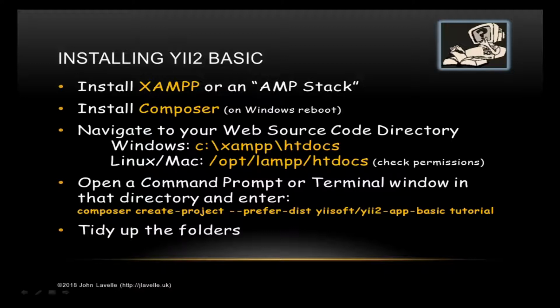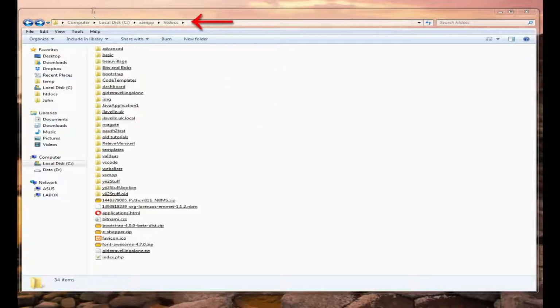Okay, let's get started. So as you can see, I've moved to XAMPP htdocs. I'm on Windows here, but if you're in Linux, then using your File Explorer, which is usually Nautilus, but again it's your choice, you can navigate to opt/lampp and then open a terminal window in that.